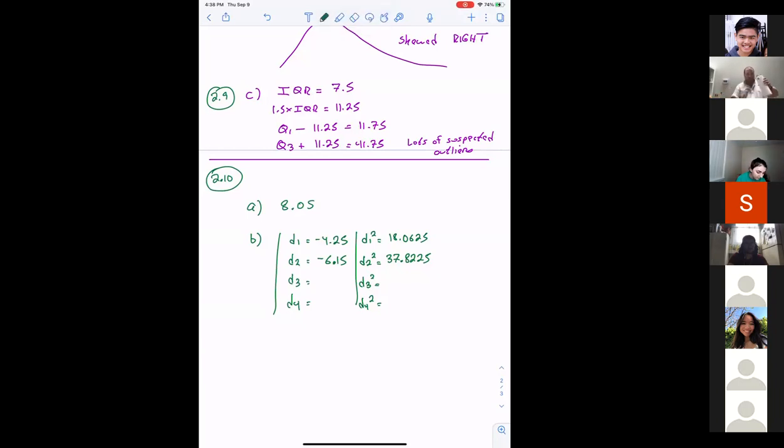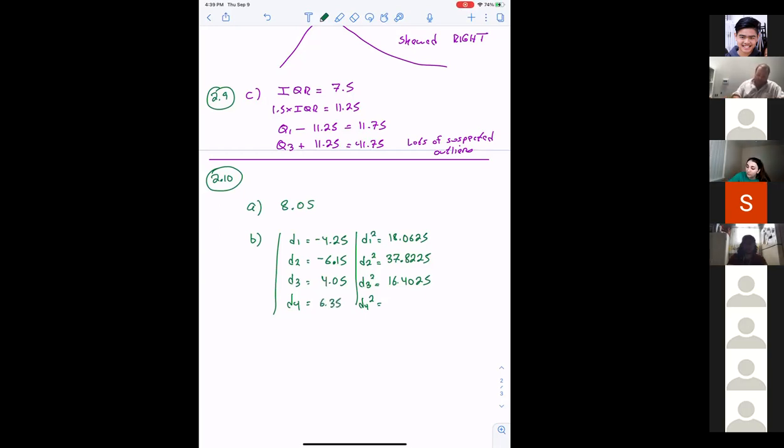What's the third deviation? 4.05. And what is that squared? 16.4025. And what is the fourth deviation? 6.35.